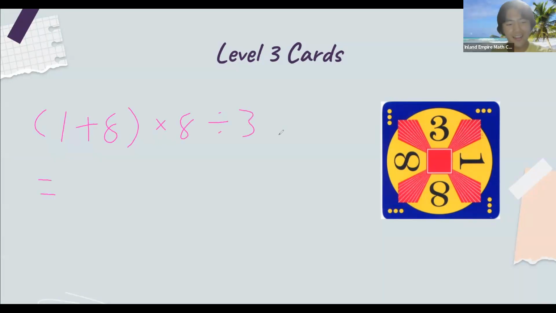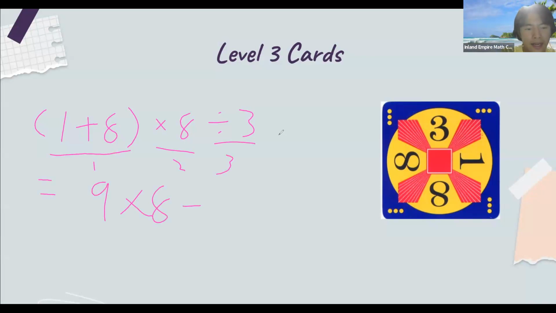Did you get this? Okay, well, good job to you too. So yeah, this is the answer. And if you evaluate this, you'll see that this is step 1, step 2, step 3. And you get 9 times 8 minus 3. I mean, not minus, divide. And that's 72 divided by 3, which is 24.